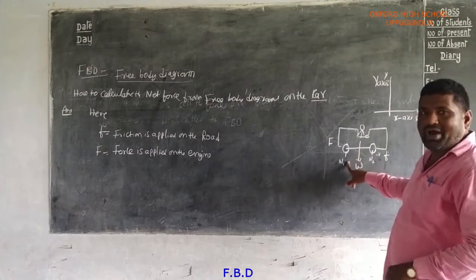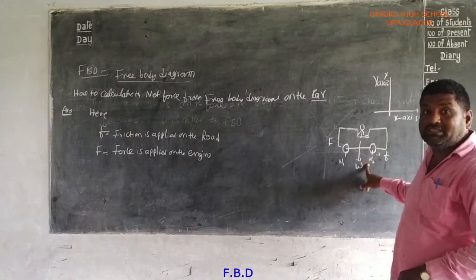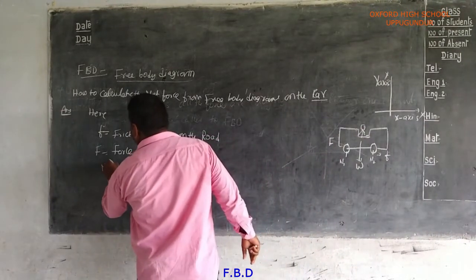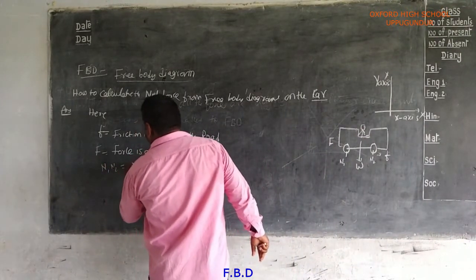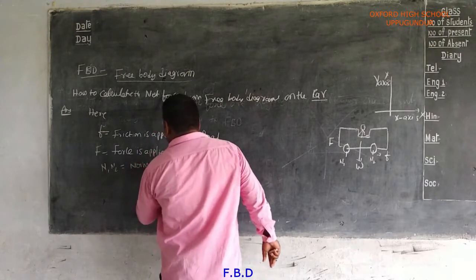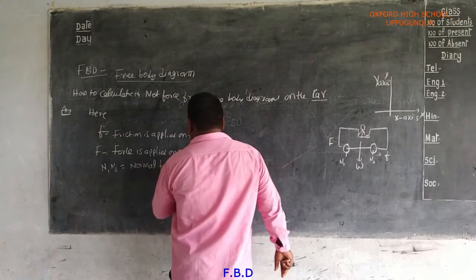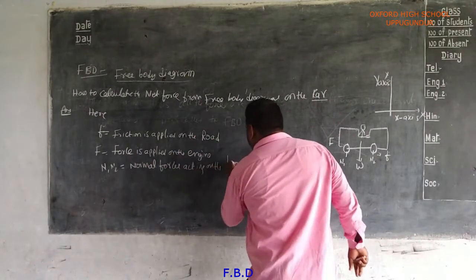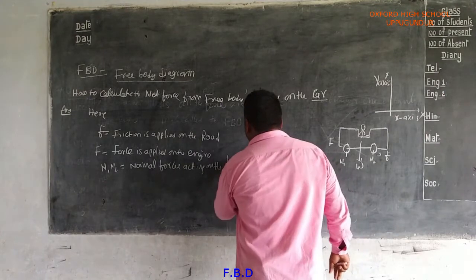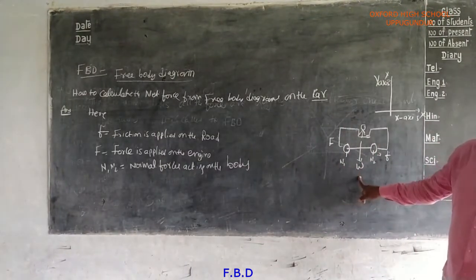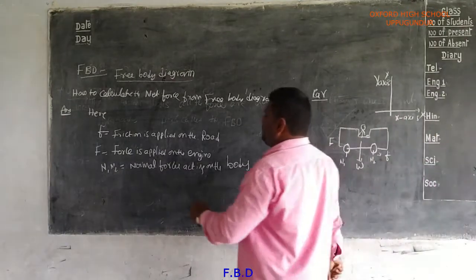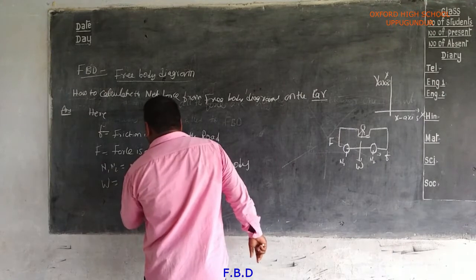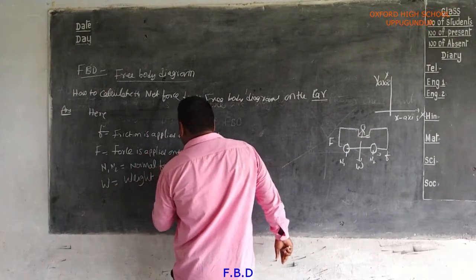Next, N1 and N2 are the normal forces acting on the body. Next, W is equal to the weight of the body.